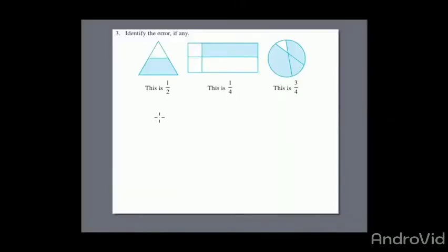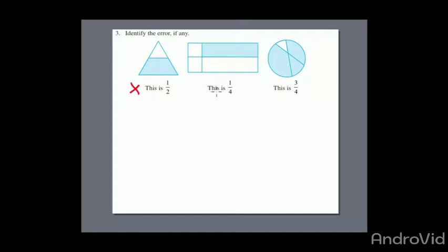Next question is, identify the error if any. So we can see in the first figure, we have 2 parts, but they aren't equal. And it says this is 1 over 2. Since both parts aren't equal, this is not correct, therefore false.